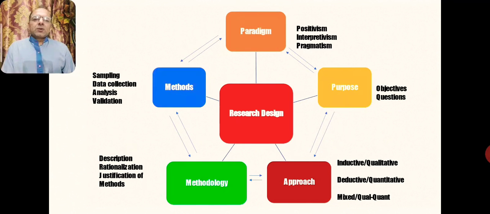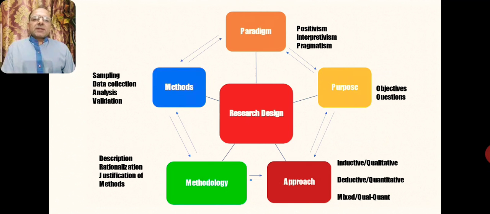These might include particular data collection tools, their rationalization and description in detail, and the justification of particular data collection or data analysis procedures. So the methodology section is something that will be there in the research design.